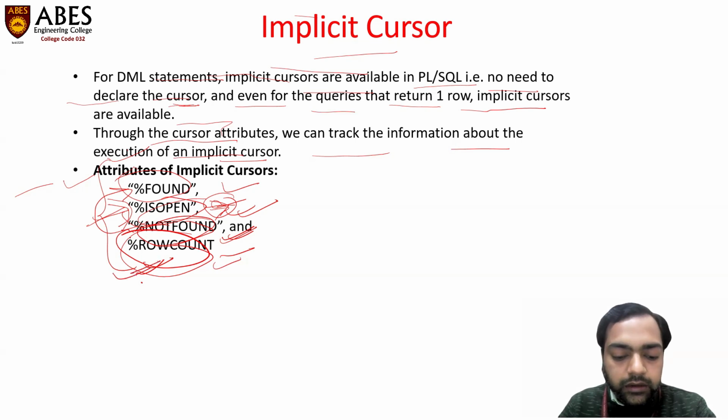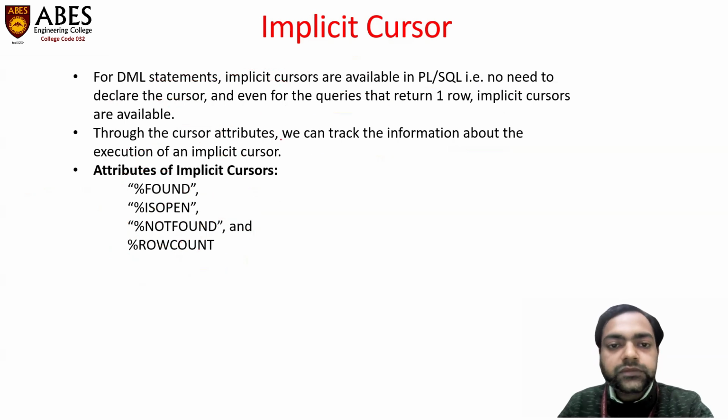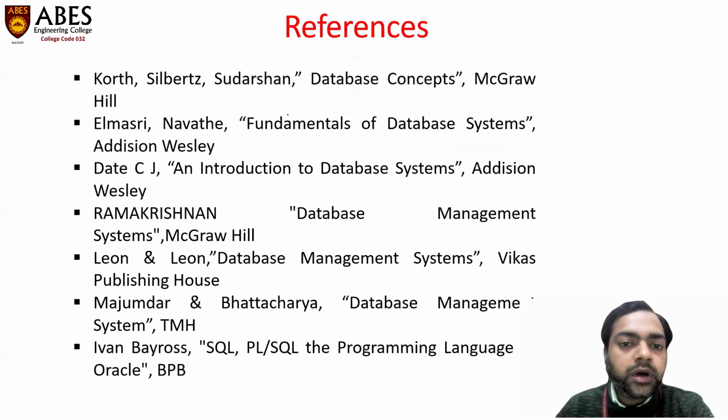And when no rows are affected, this attribute gives 0 as the result. Otherwise it will return the number of rows that have been affected. So this is all about implicit cursors we have discussed here. So this is all about procedures and triggers and cursors in PLSQL.